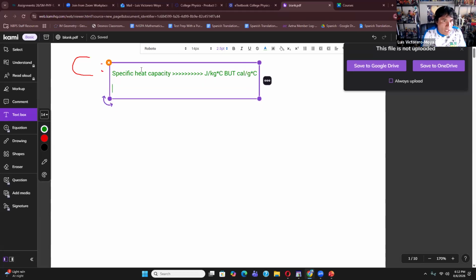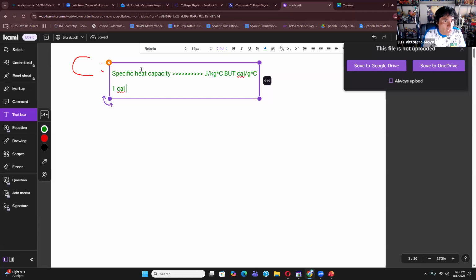So that 1 calorie, like it says in the book, is the energy necessary to change the temperature of 1 gram of any substance, particularly water, by 1 degree Celsius.